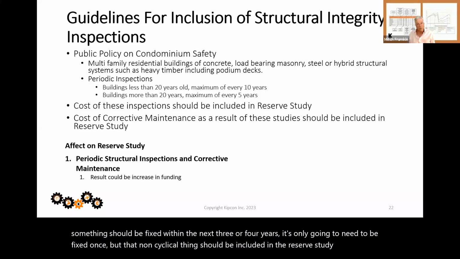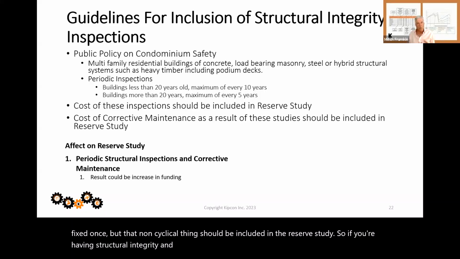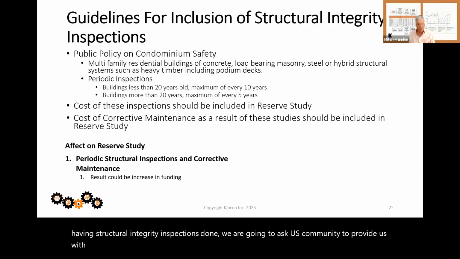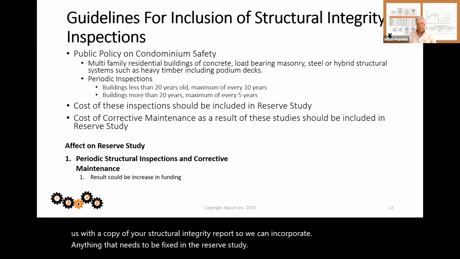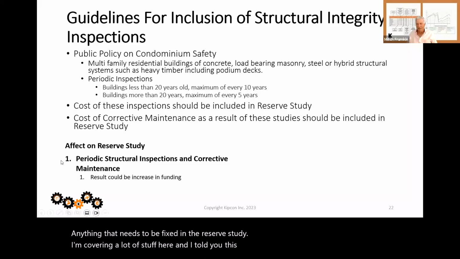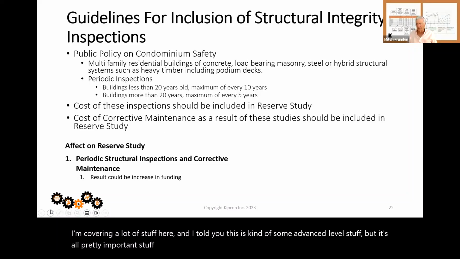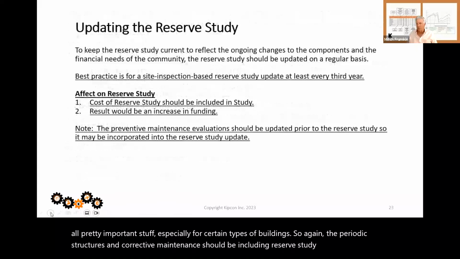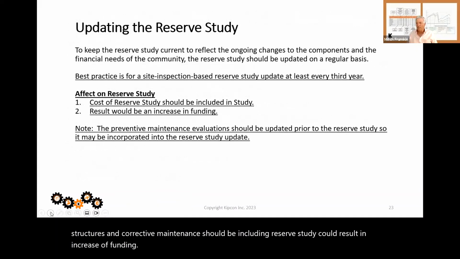So if you're having structural integrity inspections done, we are going to ask you as a community to provide us with a copy of your structural integrity report so we can incorporate anything that needs to be fixed in the reserve study. I'm covering a lot of stuff here, and I told you this is some advanced level stuff, but it's all pretty important, especially for certain types of buildings. So again, the periodic structurals and corrective maintenance should be included in the reserve study, and could result in an increase of funding.